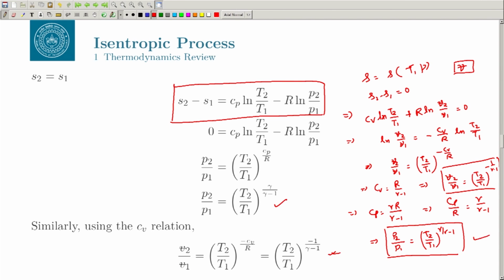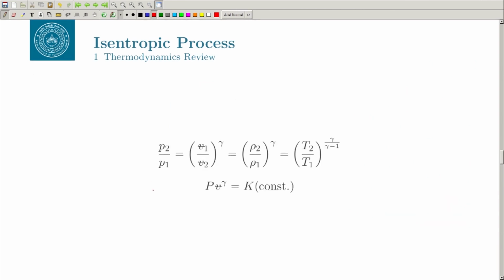Now, you can combine both these relations. So, you had P2 by P1 is equal to T2 by T1 to the power gamma by gamma minus 1, and V2 by V1 was equal to T2 by T1 to the power minus 1 by gamma minus 1, which can be written as V1 by V2 is T2 by T1 to the power 1 by gamma minus 1.